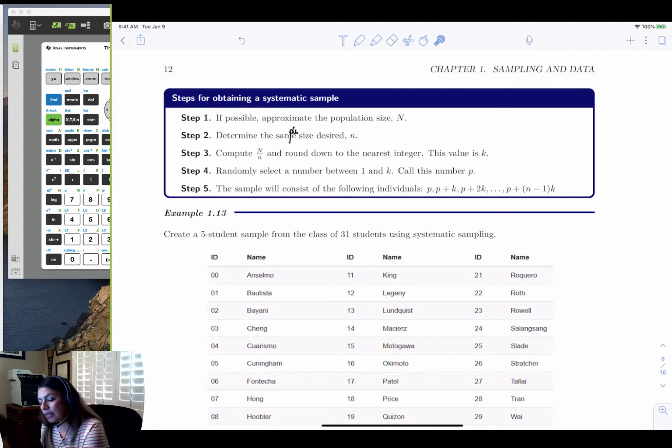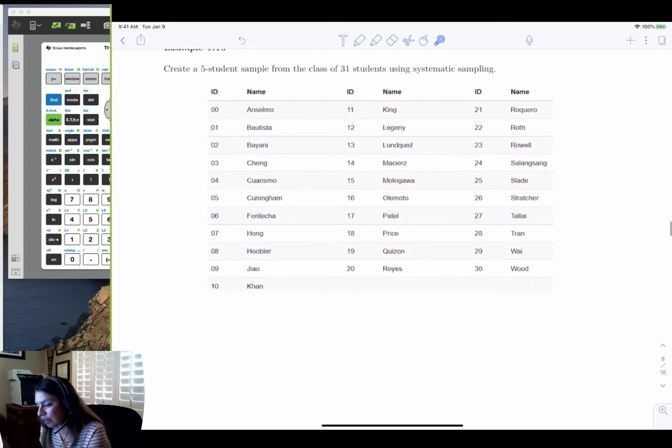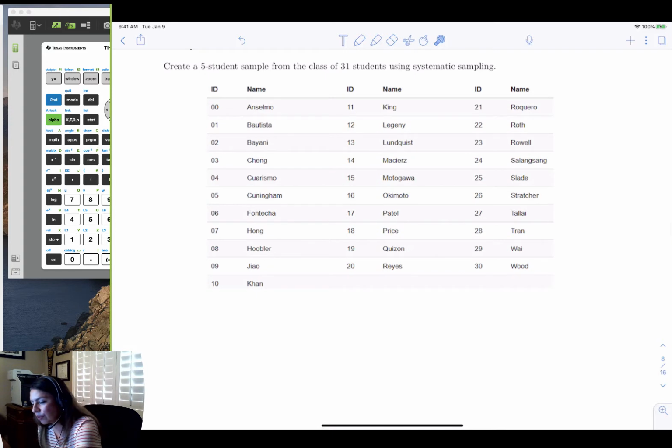Then we randomly select a number between 1 and k, and we're going to call this number p. And in step 5, the sample would consist of the following integers. We start at p, and then we start adding every k. So in this example, notice that we're going to create a 5-student sample from the class of 31 students.